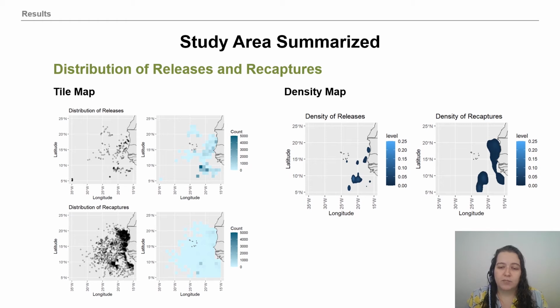The density maps to the right show where the highest proportion of fish is. This is more beneficial if I decide to scale down my agent-based model because this shows where the highest concentrations of information are, and I can potentially use those areas if I need to adjust the size of the model.